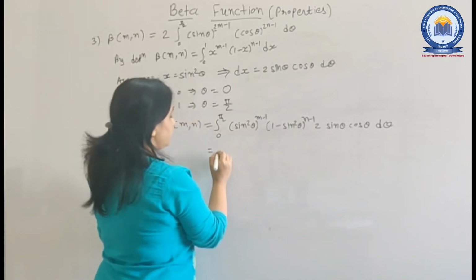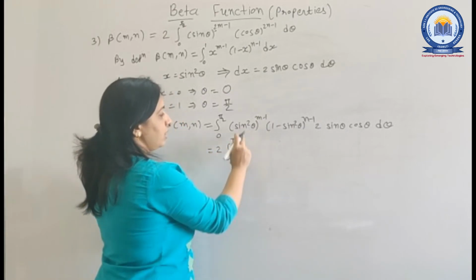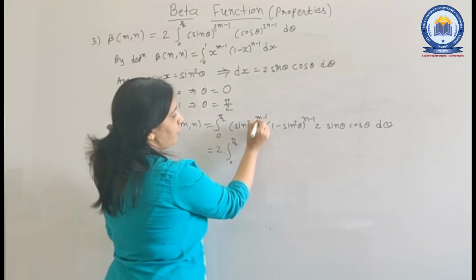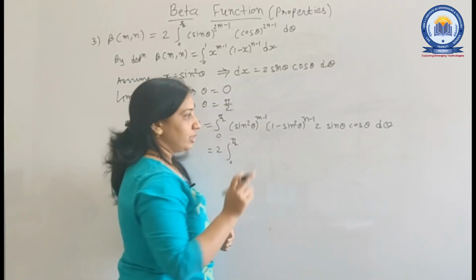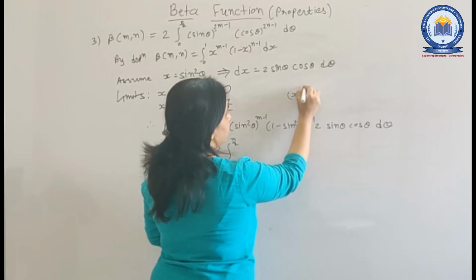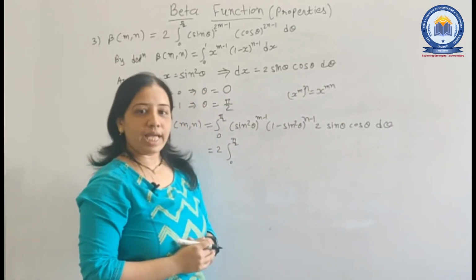This 2 is a constant, so we can write it outside, integral from 0 to pi by 2. Sine square theta, this power will be multiplied with the other one. That means if you are writing x raised to m whole raised to n, you can write x raised to mn.